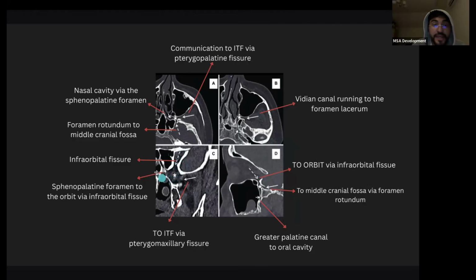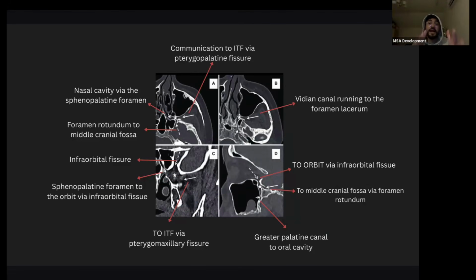And here you have the sphenopalatine foramen, and the fossa will communicate with the orbit via the infraorbital fissure, and here to the ITF via the pterygomaxillary fissure. Again, it will communicate with the orbit how? Via the infraorbital fissure.